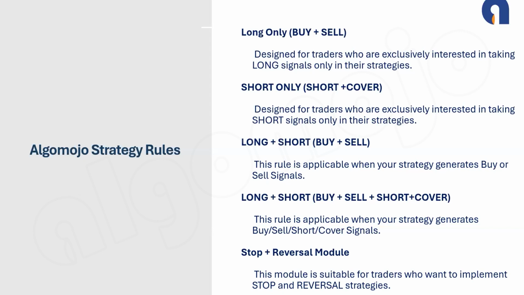So these are the rules which are very, very important. If there's a mismatch in terms of the kind of rule that you use, then the orders may not go through properly as per your expectation. So be quite clear as to what is the rule that is applicable based on the strategy. We will look at some of the samples when we get into the actual platform setting up. Yeah.